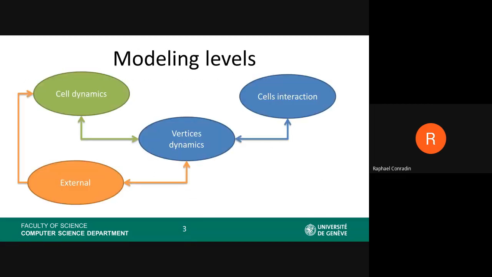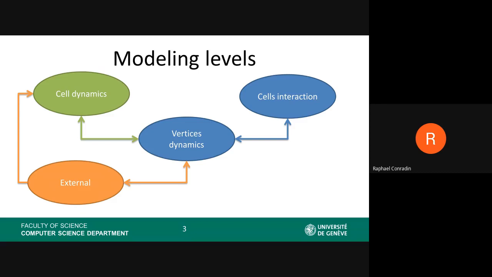For the dynamics of the cells, we have different levels in order to model the dynamics. We have the vertices level, where we have the Newtonian dynamics. We have also cell interactions. When we have more than one cell, the vertices have to interact between them.